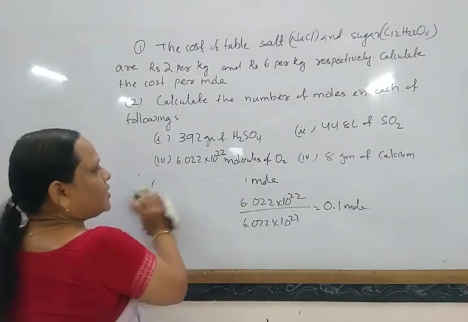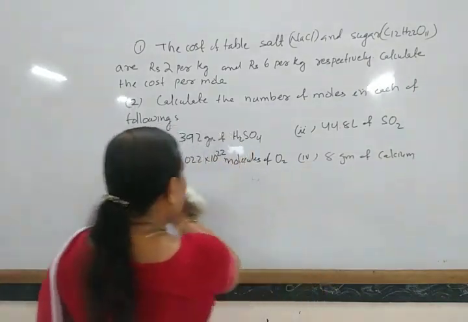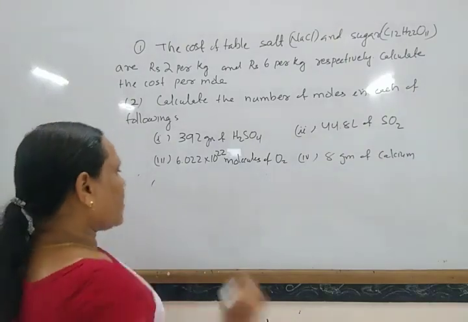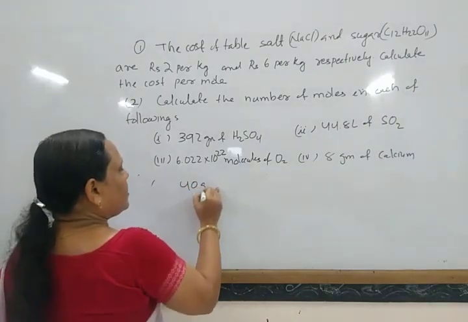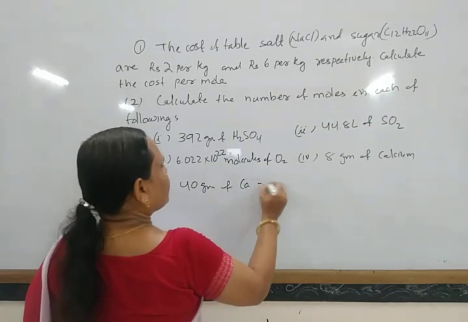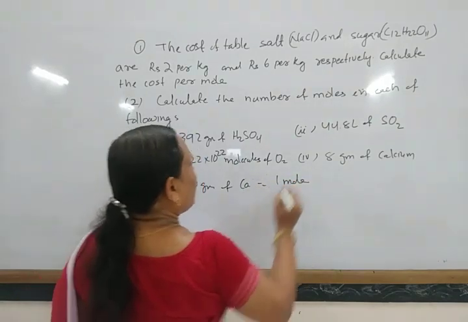Then 8 gram of calcium. Gram atomic mass of calcium is 40. So 40 gram of calcium equals 1 mole.